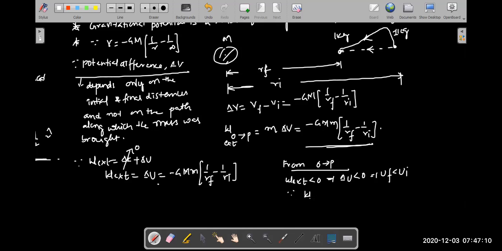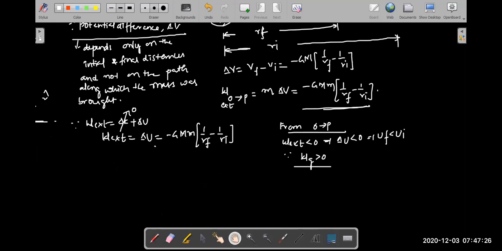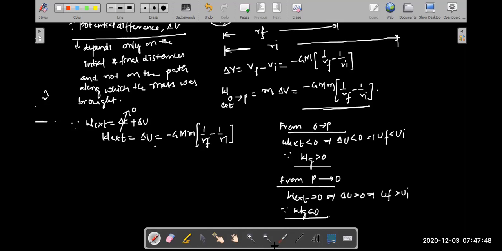Since work done by gravity is positive, the energy is lost by the gravitational field. Whatever gravitational potential energy was stored is being lost in the form of work done. Did you get the point? Whereas if you move it from point P to point O, work done by external agent will be positive. You are doing work against the system, so its energy will increase. Why? Because the work done by gravity is negative. Understood the logic?